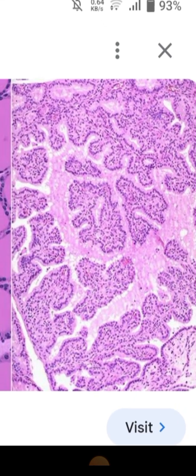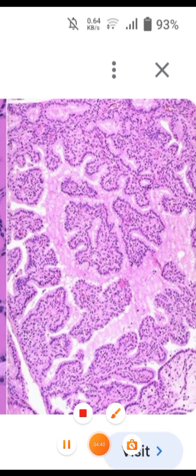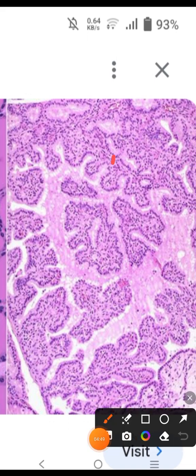Again, I am zooming it. Maybe you will be confused, and maybe you confuse it with medullary thyroid carcinoma. But you can see here that somewhat papillary structures are present, which are not present in medullary carcinoma. Why am I saying you will confuse this particular diagram with medullary carcinoma? Because I do the same.